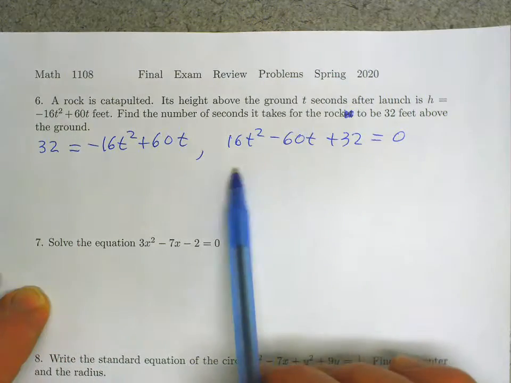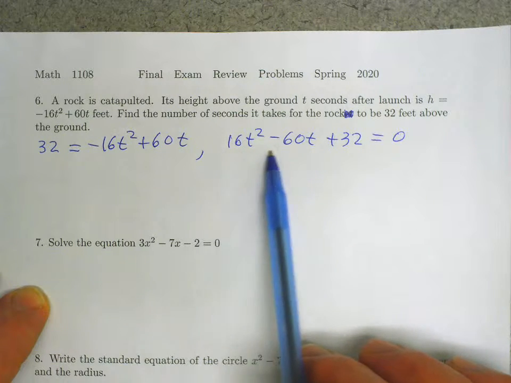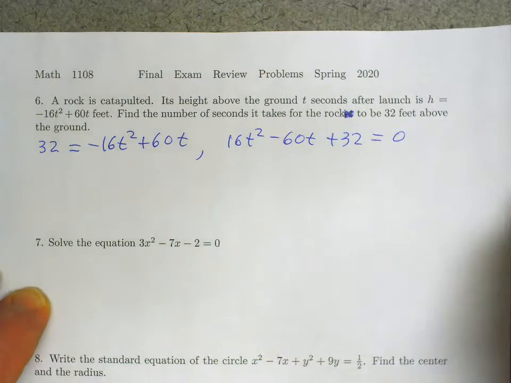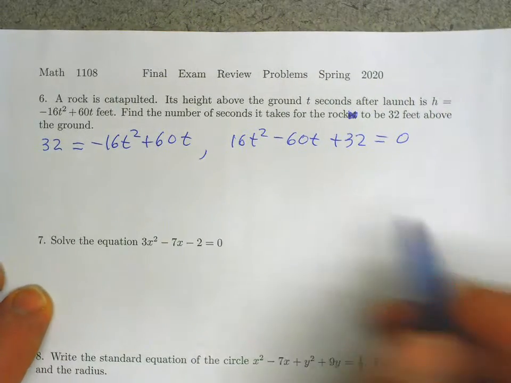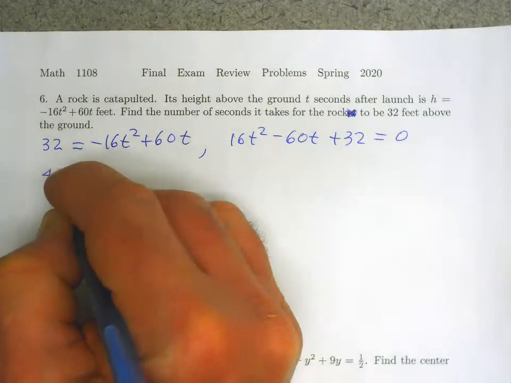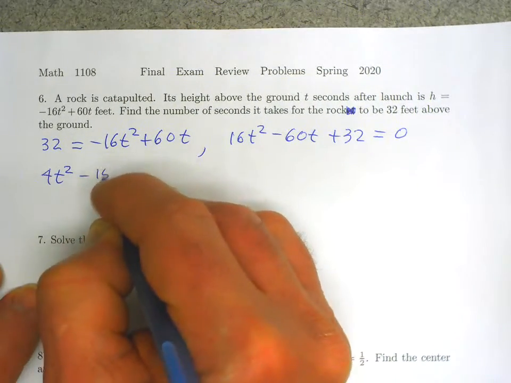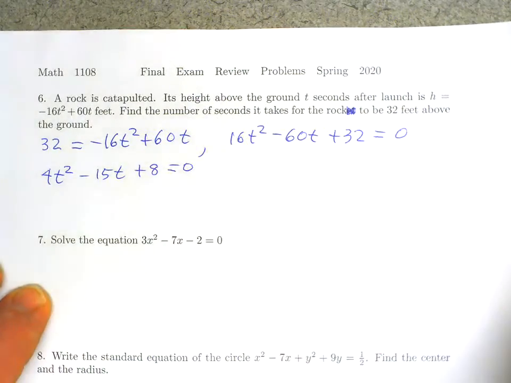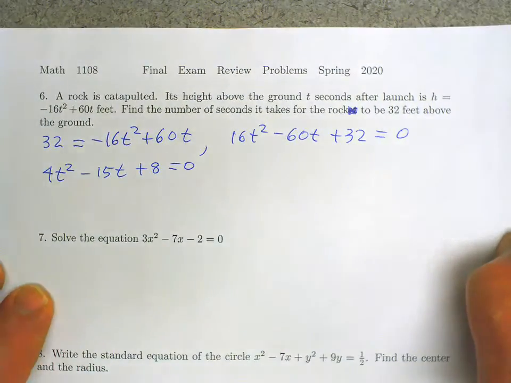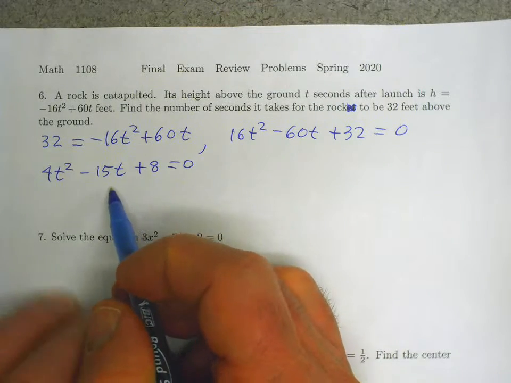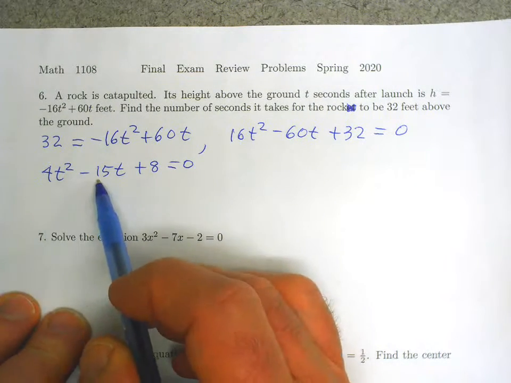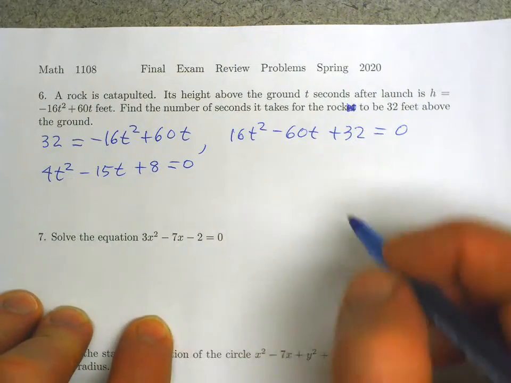We can get rid of some of the clutter if we divide every term on both sides by 4. We get 4t squared minus 15t plus 8 equals 0. And then we'll use the quadratic formula. A is 4, B is negative 15, and C is 8.